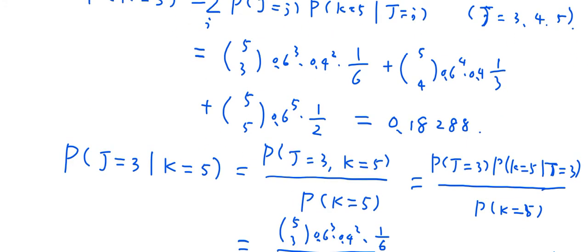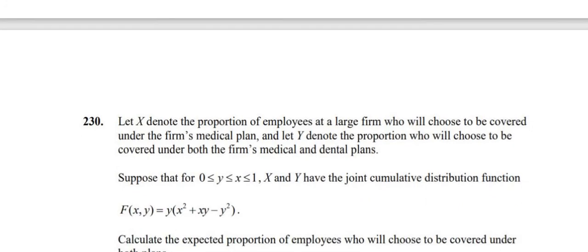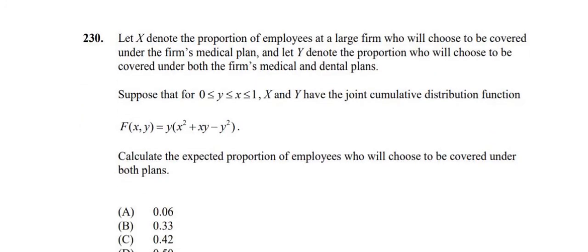Okay, then the last one, problem 230. This is a joint cumulative distribution function. What we need to find is the expected value of who will choose to be covered on both plans.